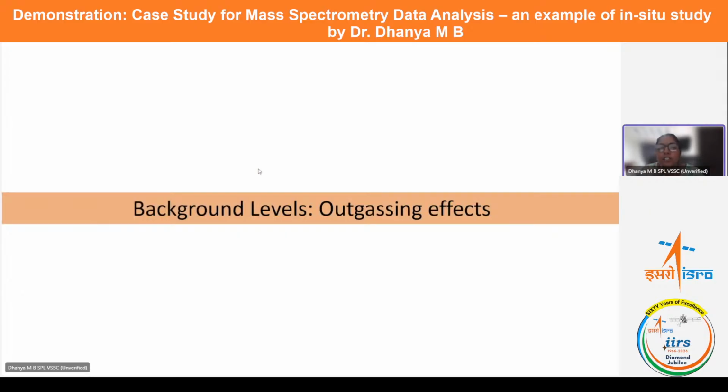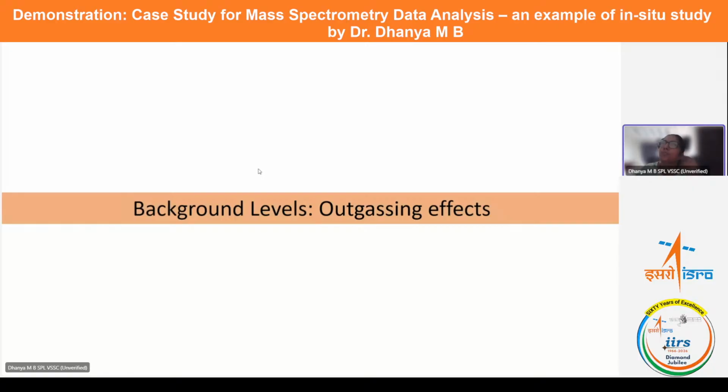One more effect we should take into account is outgassing. A mass spectrometer measures whatever ambient gas is present. Any material in deep vacuum will start giving out absorbed volatiles. In space, there are many joints in any spacecraft, and neighboring instruments can start giving out their volatiles, and this will also be measured by the mass spectrometer.